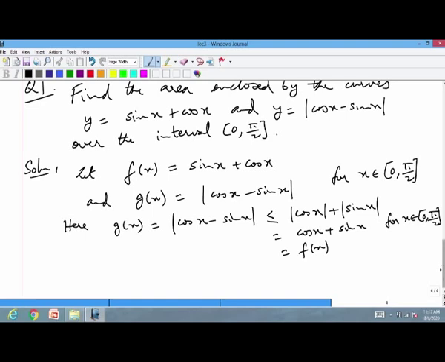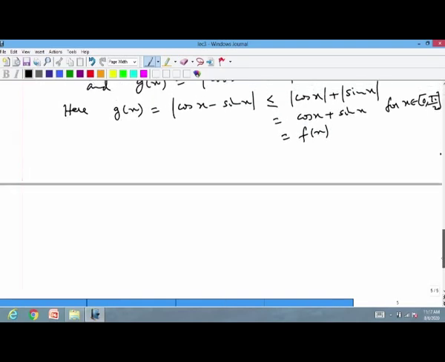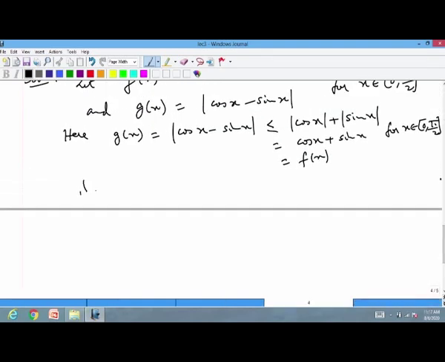So, in this case f x is greater than or equal to g x for x in 0 to pi by 2.